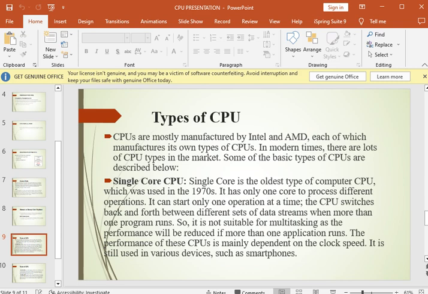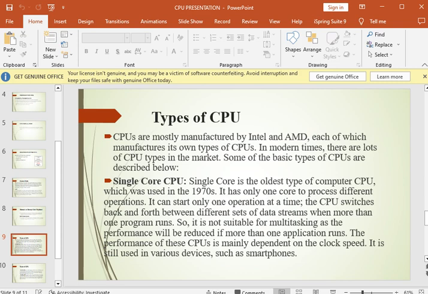We have single core CPU. A single core is the oldest type of computer CPU, which was used in the 1970s. It has only one core to process different operations. It can start only one operation at a time. A CPU switches back and forth between different sets of data streams when more than one program runs.